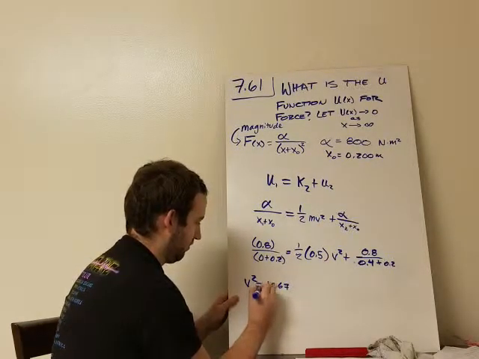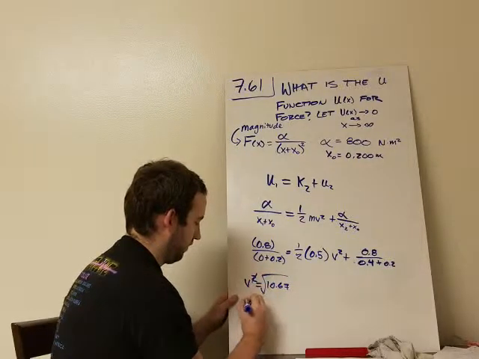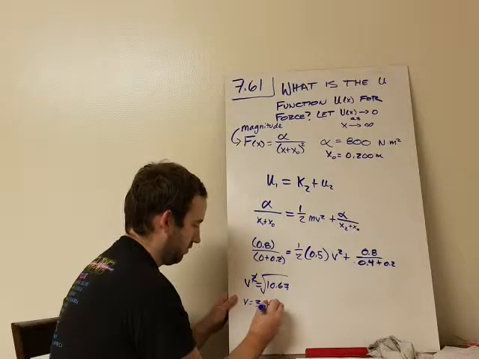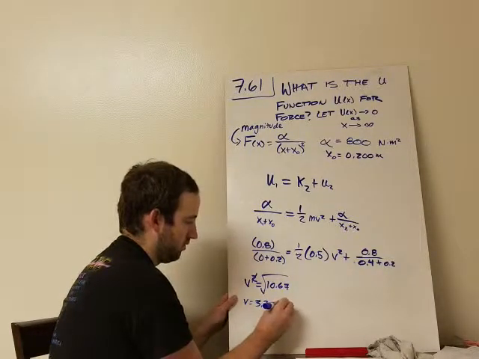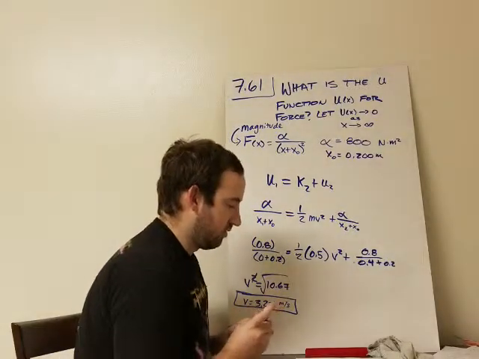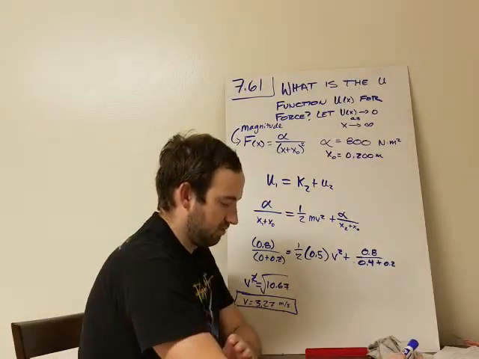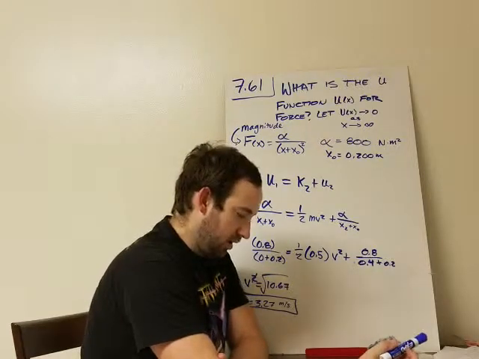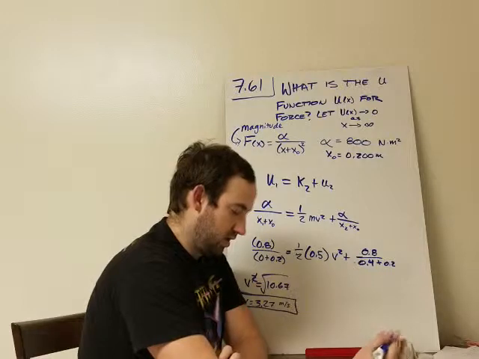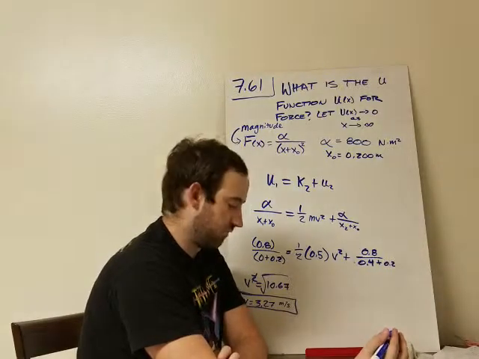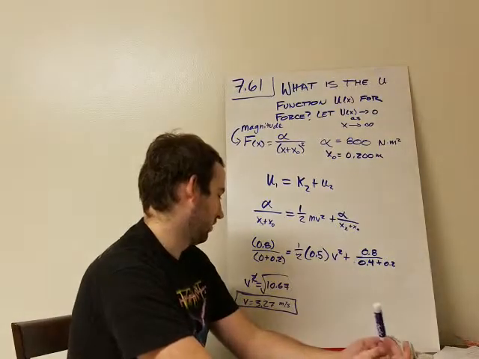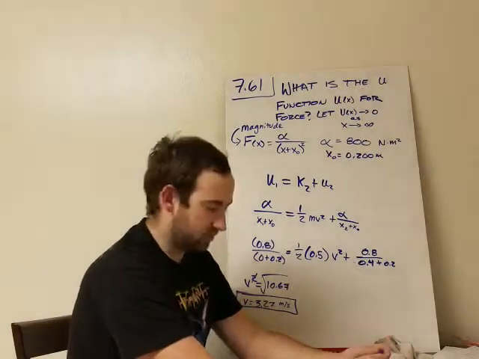We take the square root, and v equals 3.27 meters per second. So that means that this object that has a mass of 1/2 kilogram, as it's released from rest at x equals 0, when it hits x equals 0.4, it is going 3.27, so basically 3 and almost 1/3 meters per second.